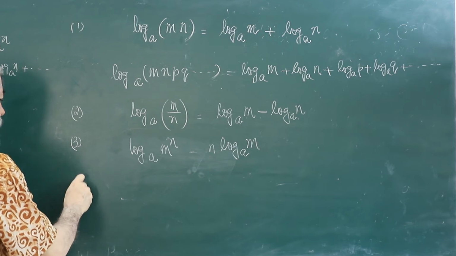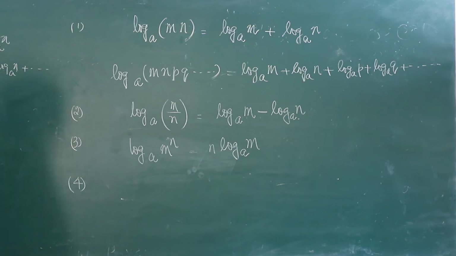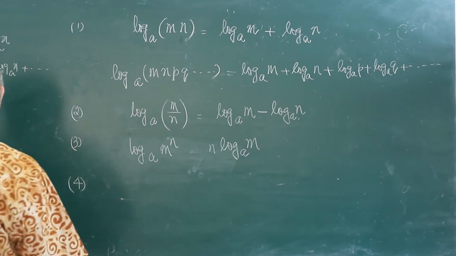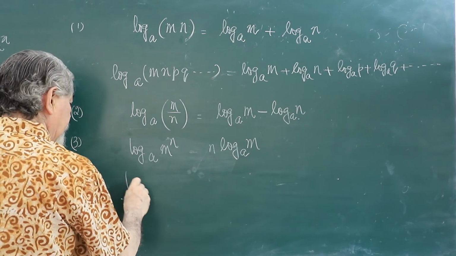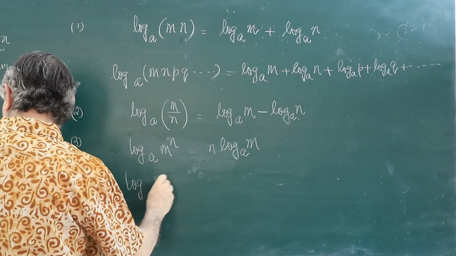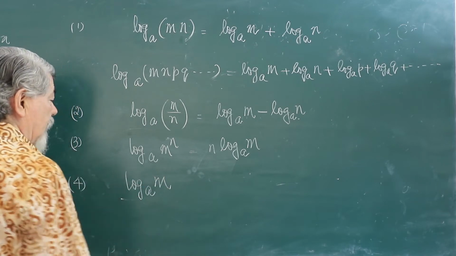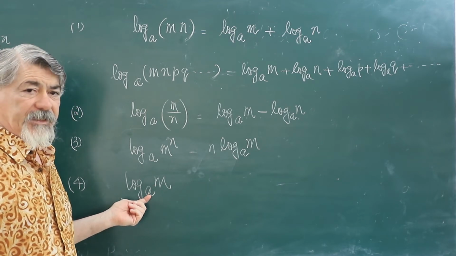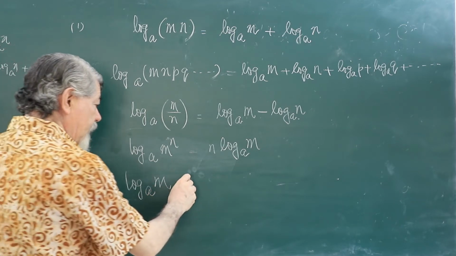Now the base change formula. If you have to change the base of any logarithm, for example, you have been given log m to the base a, and I want to change the base from a to something else. So what is the formula?